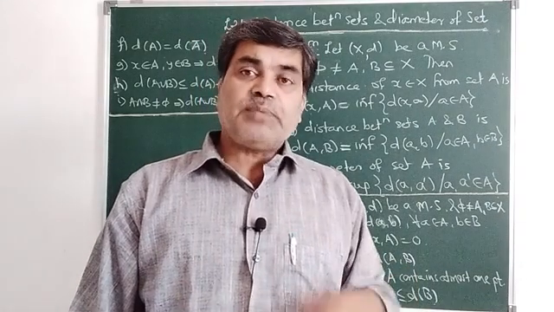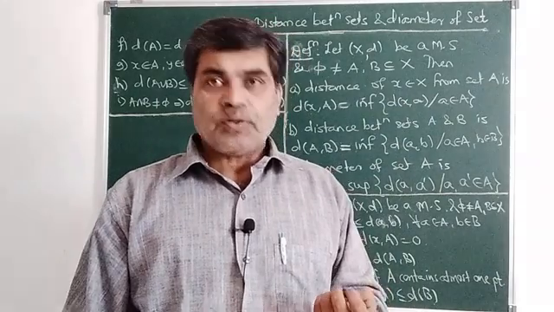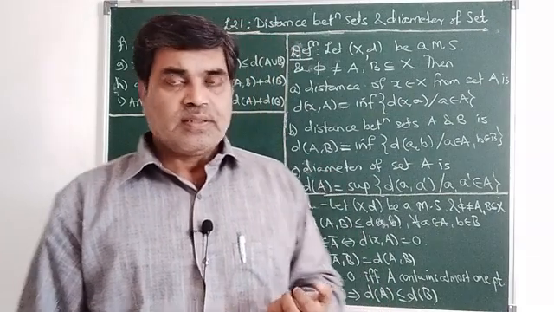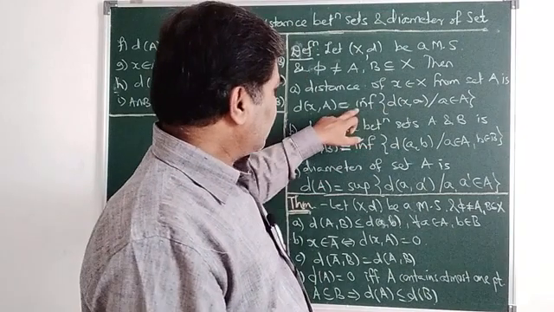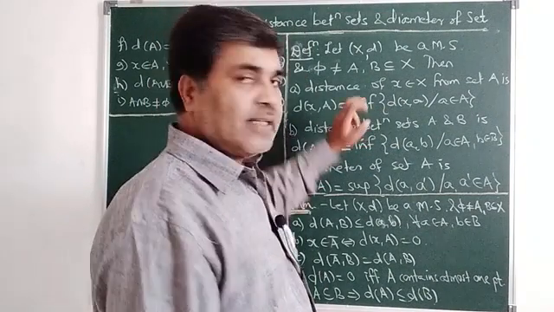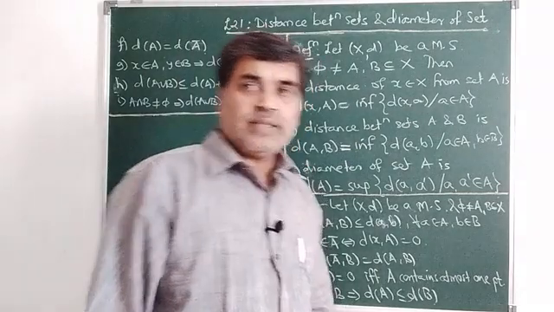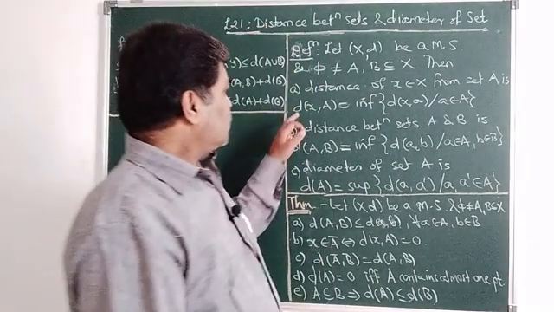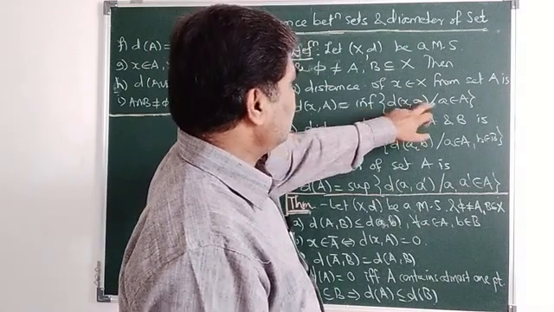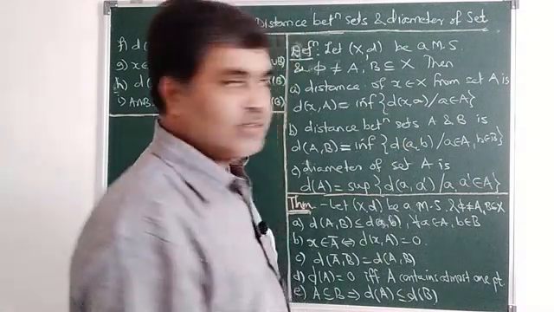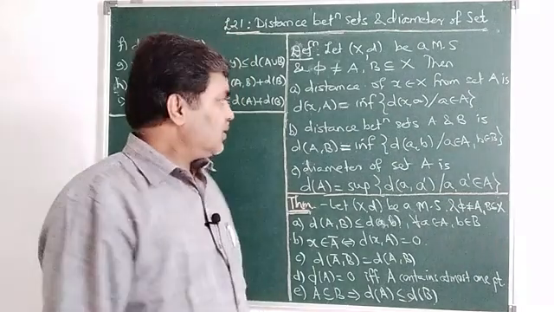But this smallest may not exist. Then in that case, instead of smallest, we take the infimum. So d(x, A) is equal to the infimum of d(x, a), where a is in A. Is it clear?